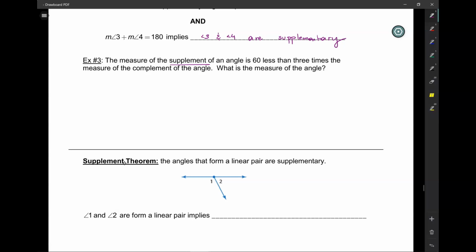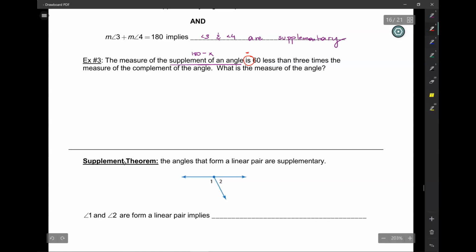The measure of the supplement of an angle. If the angle is x, how much is the supplement? 180 minus x. In math, what does the word "is" do? Equals. 60 less than 3 times, okay, I'll come back to that.